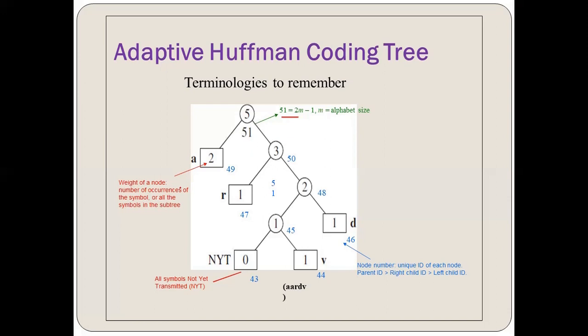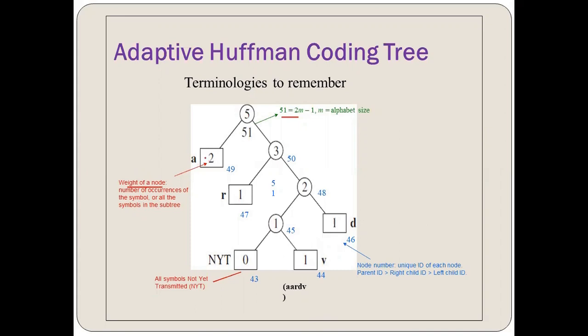Now in this, we have certain terminologies. Example, you can see this particular number within the box, within the node. So what is this? This is the weight of a node, and it will tell you the number of occurrences of the symbol or all the symbols in the subtree.